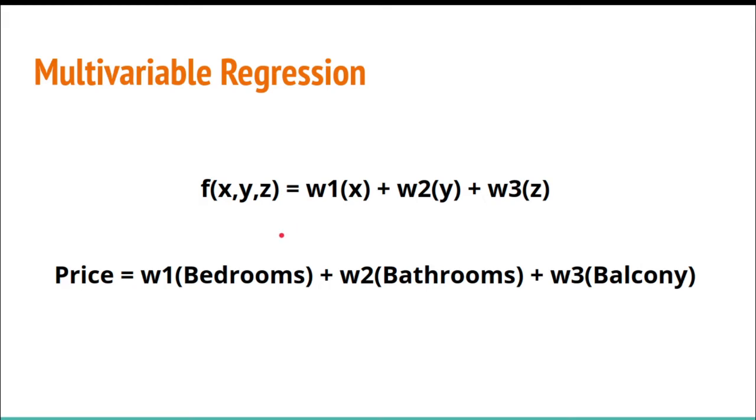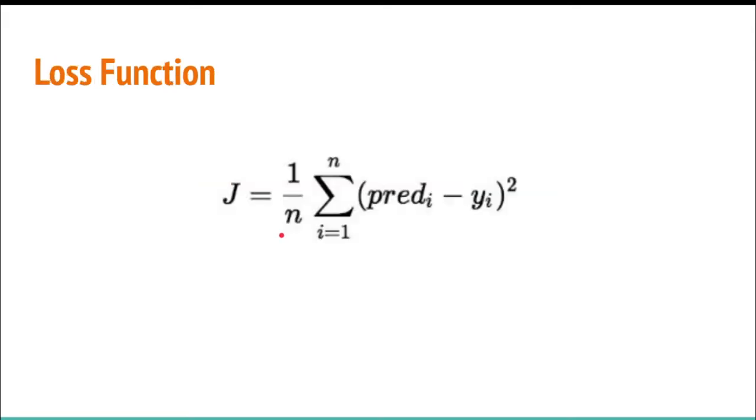To figure them out, first we try some random parameters, then we check the difference between the actual value and what it predicts.